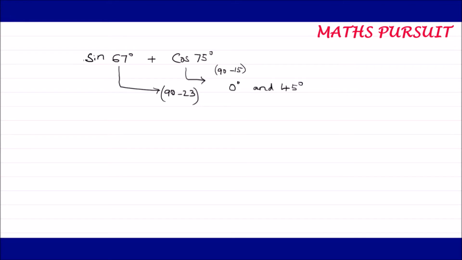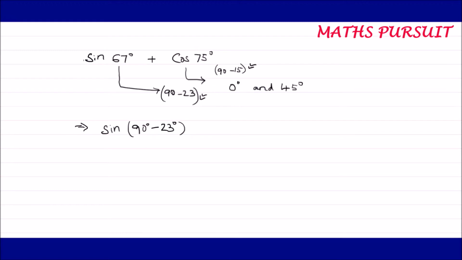Now guys, we very well know that I can write sine 67 degree as sine 90 degree minus 23 degree. That is what I showed you here. 90 minus 23 is 67. 90 minus 15 is 75.